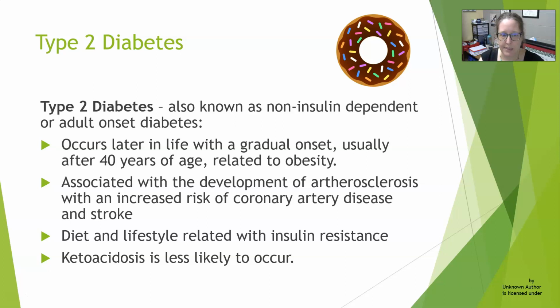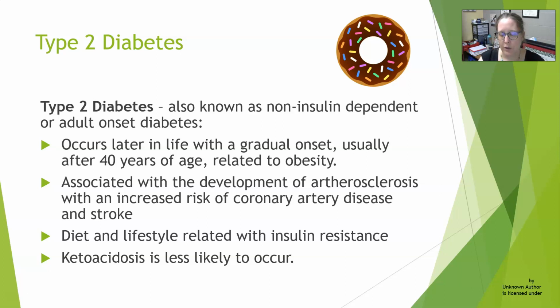This type of diabetes is associated with the development of atherosclerosis, with an increased risk of coronary artery disease and stroke. It is diet and lifestyle related with insulin resistance, meaning there's even excess insulin in the bloodstream, but the receptors on the cells are not responding to insulin, so it's not having enough of the effect that it needs to have, and a lot of the sugar stays behind in the bloodstream and doesn't enter the cells.